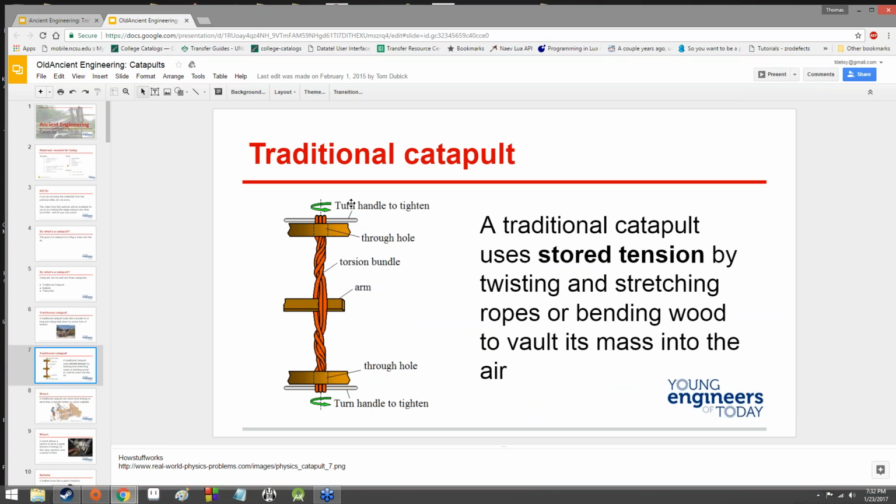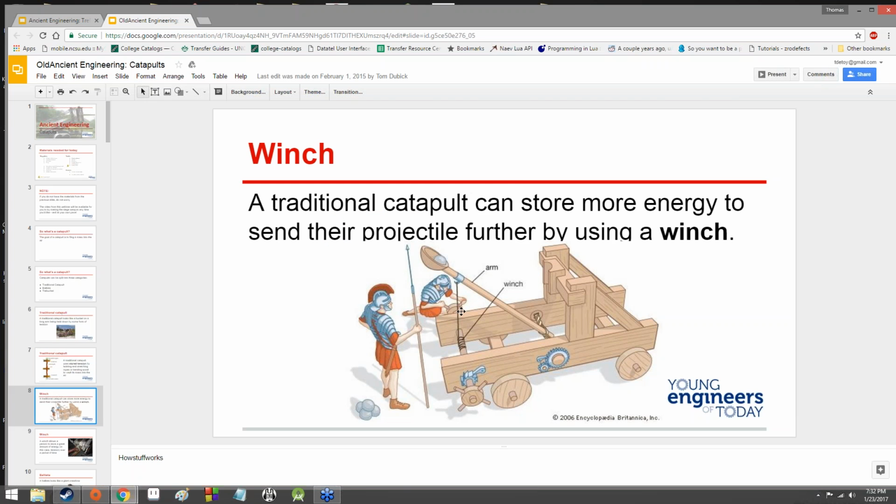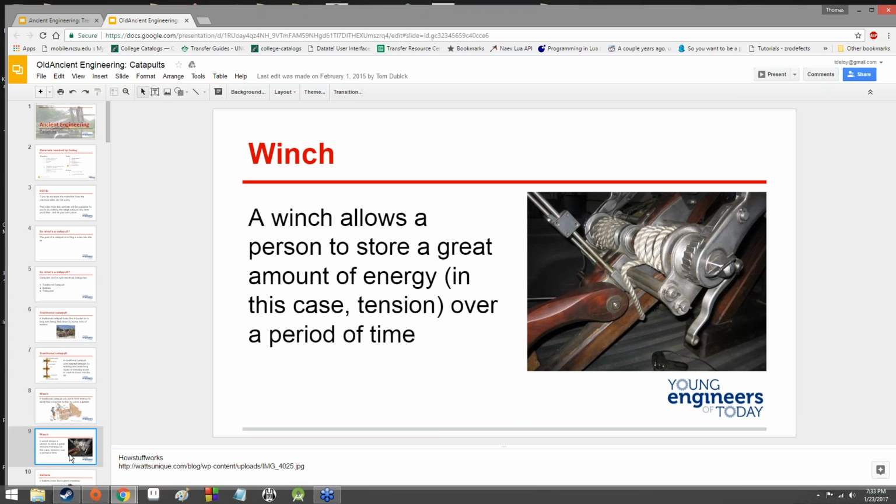So what you can do is utilize things like winches, which utilize wheels and axles, and in a sense pulleys and levers as well, and they can increase the relative strength of a human, so that they can winch these stronger catapults and arm them. Yeah, tension energy.